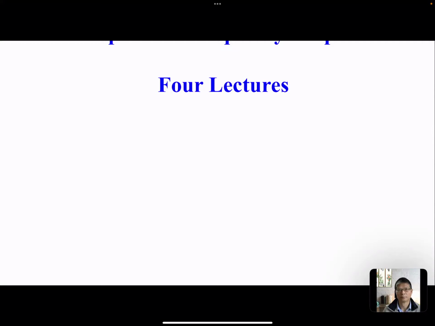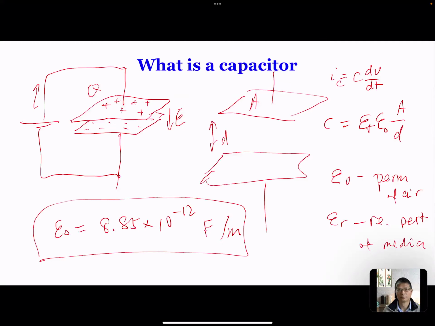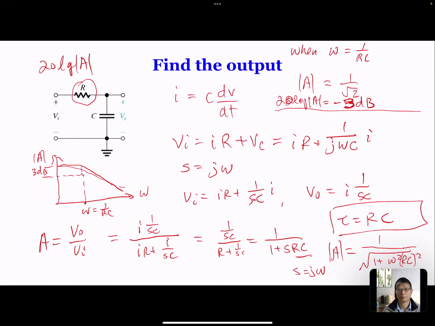If we look at what we started this week, let me give you a brief review because we have our quiz on Wednesday. So hopefully you're doing your homework and you know what to prepare for. We started talking about capacitance, how it works, and how the high frequency is attenuated with this simple low pass filter.